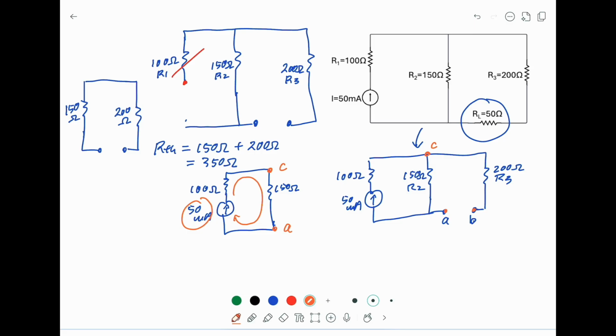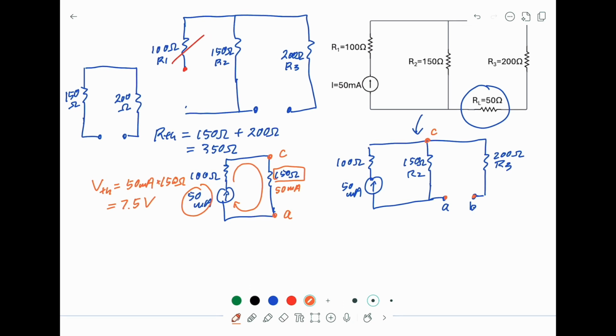And the current here is 50 milliamp passing through the 150 ohm. So the voltage across AC, which is the Thevenin voltage, is equal to 50 milliamp times 150 ohms. And you will find this equal to 7.5 volt.